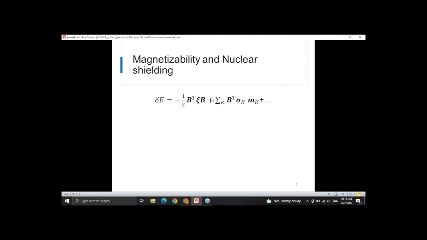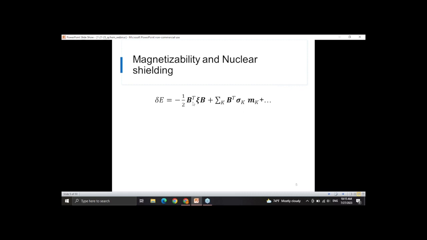So when we think about a molecule sitting in this external field, its energy will change in response to this external perturbation. Just considering a closed-shell molecule, so we don't have unpaired electrons, this energy change starts at second order, where we have two associated properties. First is the magnetizability tensor. The second is the nuclear shielding tensor.